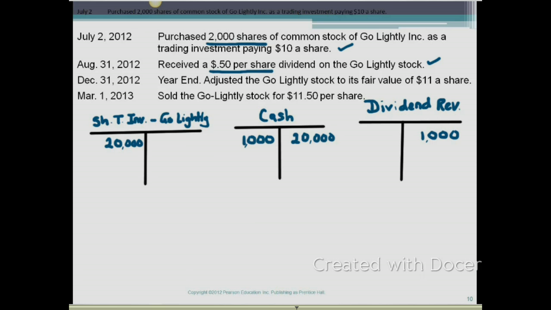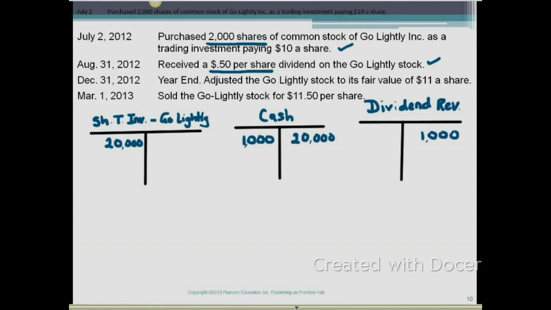Now, the next thing is it is our year end. At year end, we adjusted the Go Lightly stock to its fair value of $11 a share. Now, you know that trading securities, which this is a trading security, are reported on the balance sheet at its fair market value.